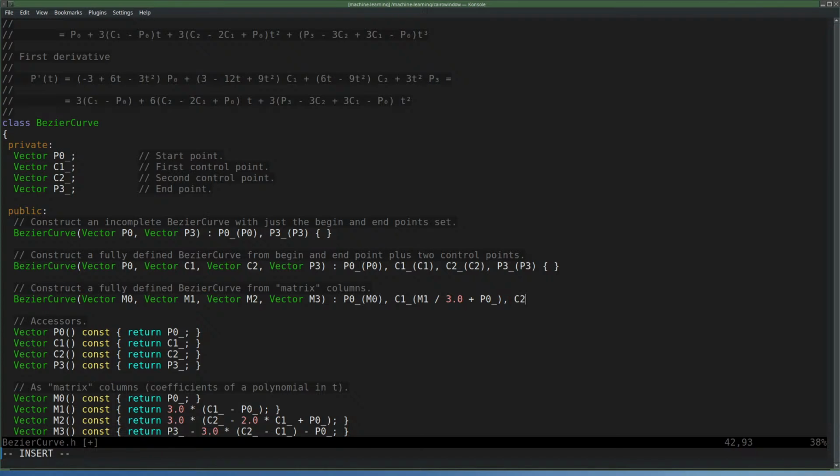And then C2, we can go ahead and calculate C2 from here. It's again divided by 3. So M2 divided by 3. That's this. So plus 2 times that minus whatever.